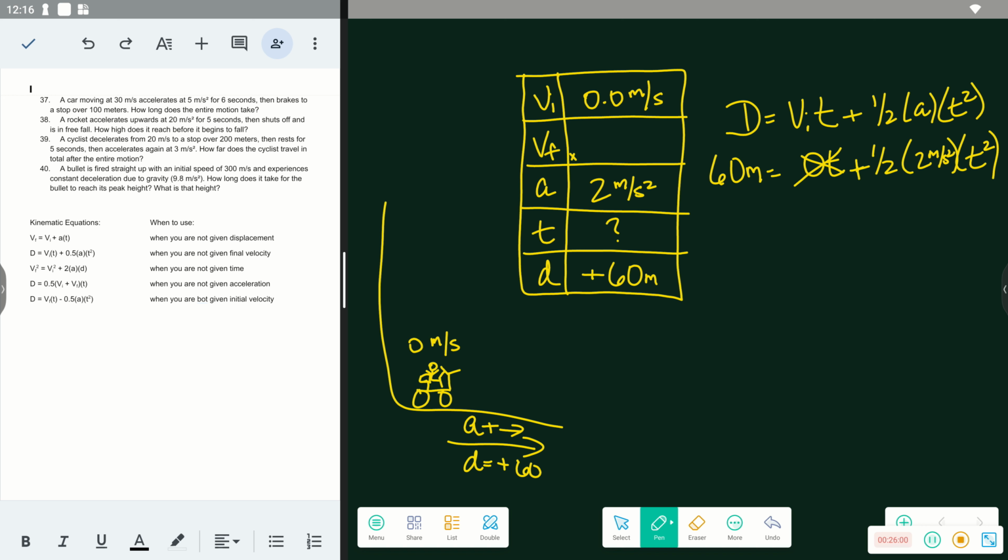So what do we have here? What is 1/2 of 2? So you're left with what? 60 equals what? So that becomes 1. What's 1 times t squared? Is that our answer?